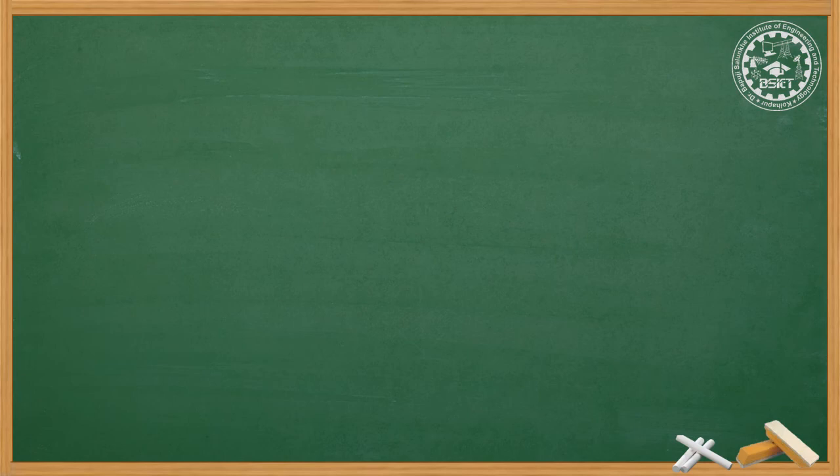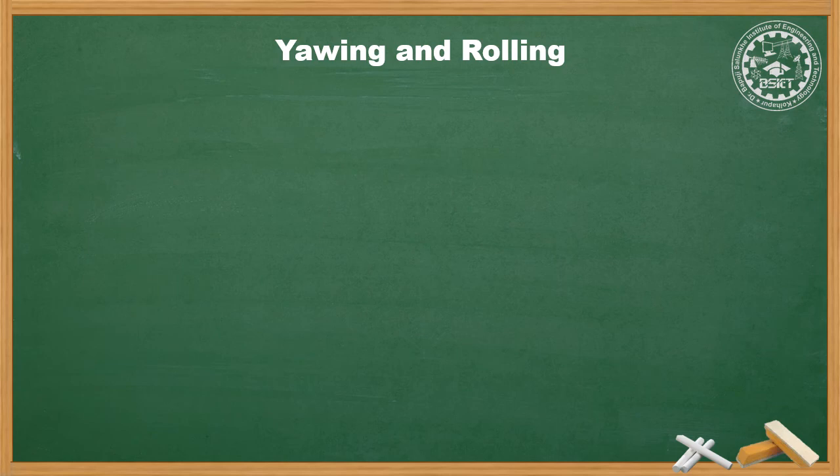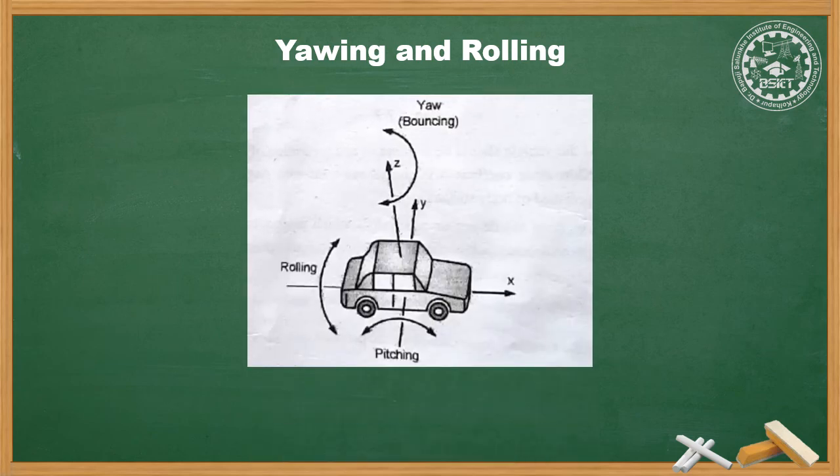The last two points are yawing movement and rolling movement. Yawing movement and rolling movement are shown in the figure below. Yawing movement is the vertical component of the complete body. When the complete body of a vehicle goes up and down, it is known as bounce or bouncing, depending upon the movement of the front end and rear end.